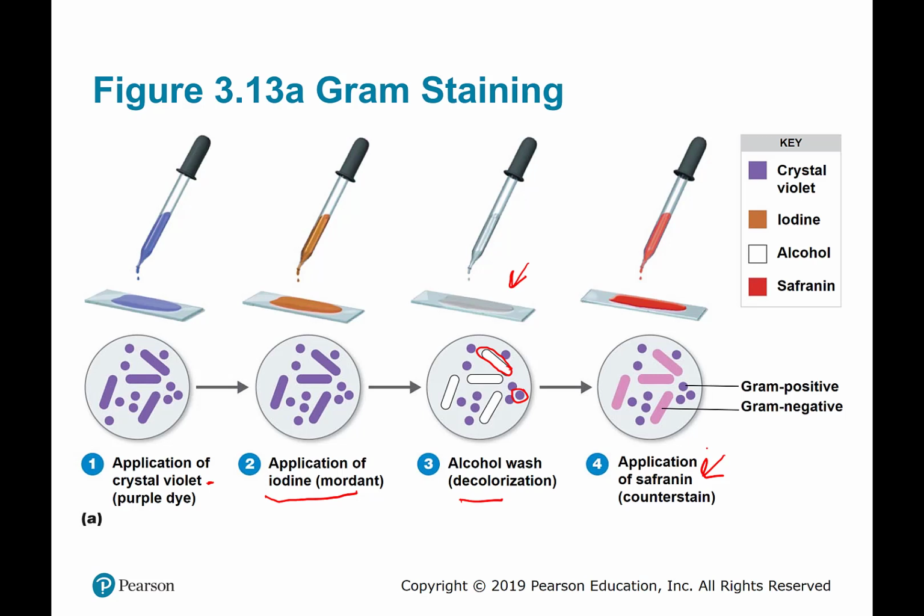This dye has a pink or red color to it, and it is going to stain all cells technically. But since the purple is a darker shade of color than the pink, you're not going to see the stain within the Gram-positive cells, but you will be able to see the Gram-negative bacteria. They are going to appear pink, whereas Gram-positive organisms will appear purple. So following these steps, you can differentiate organisms that are Gram-positive versus those that are Gram-negative.